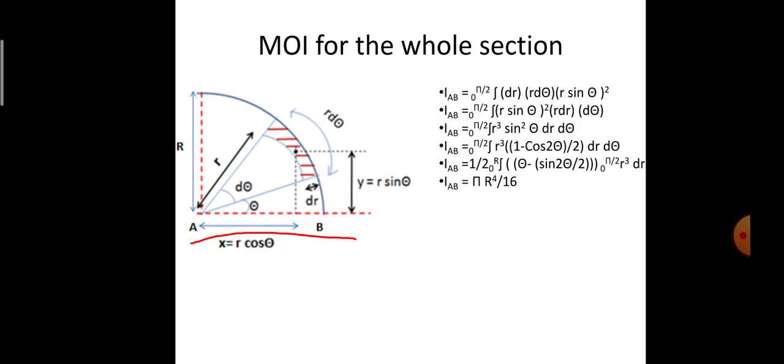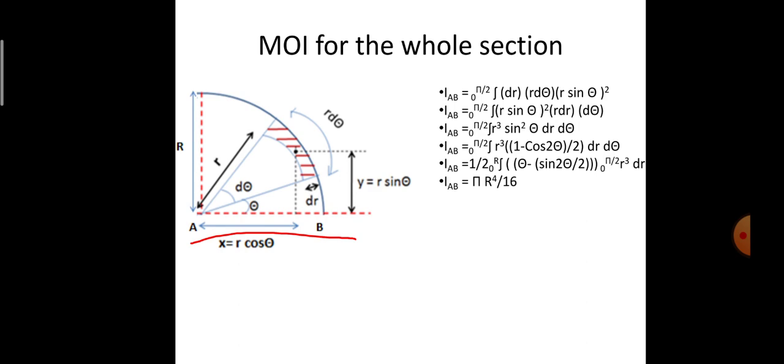Why? Because there are two variables, one is d theta and another one is dr. So the sine square d theta value has to be integrated with reference to the limits 0 to pi by 2, and then the r cube dr value has to be integrated between the limits 0 to r.